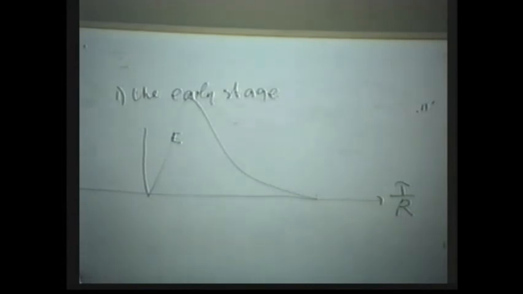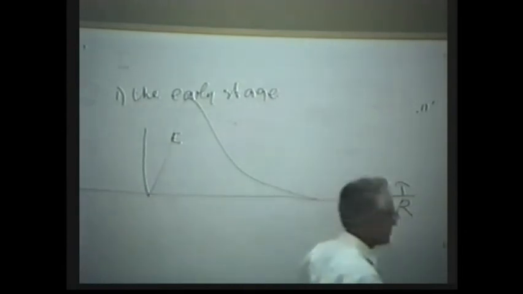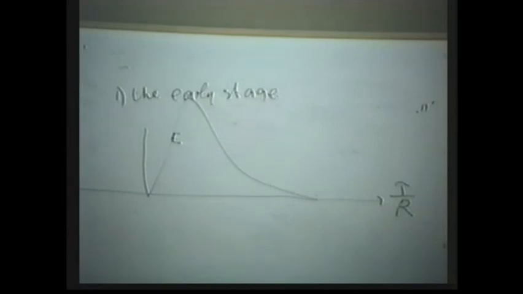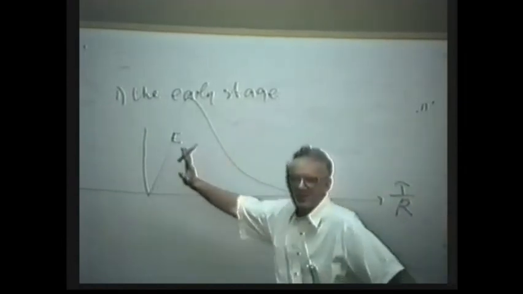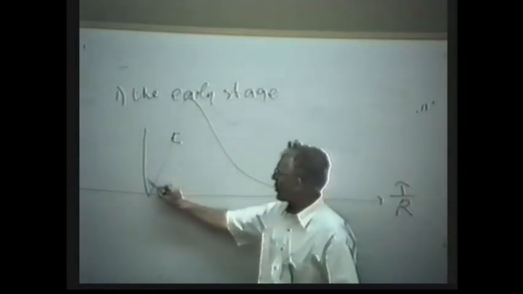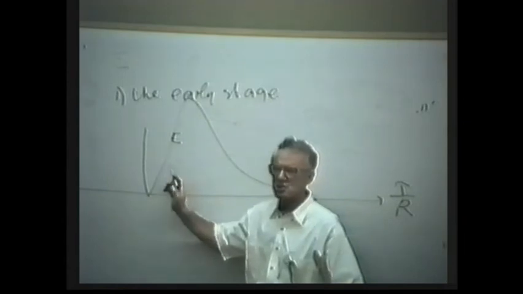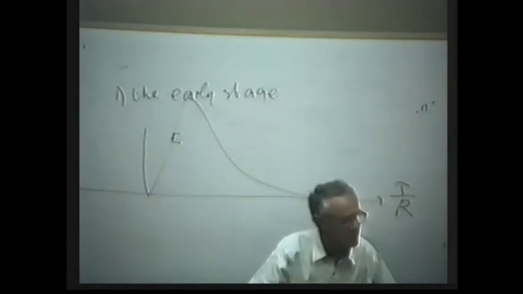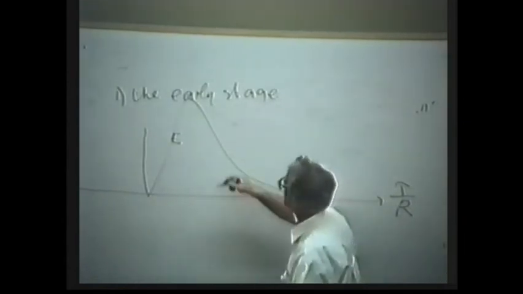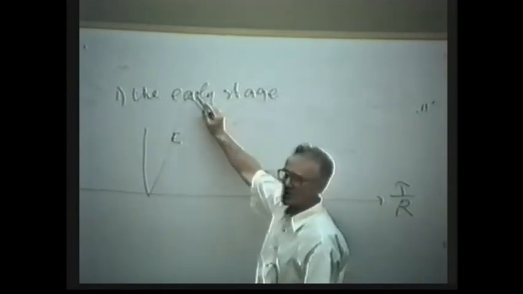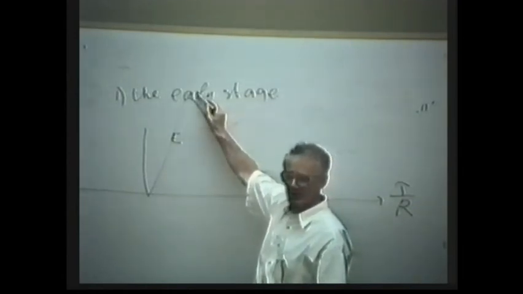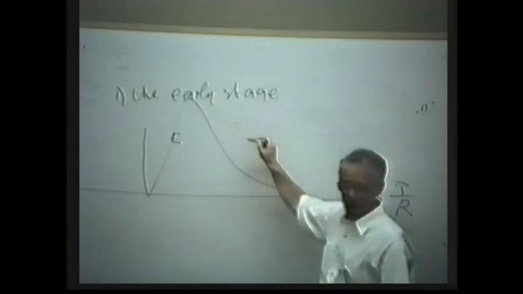It was before for the in-phase component. No exponential behavior. At the early stage, extremely small electrical field. Then at each point it increases, reaches a maximum, and then goes down.